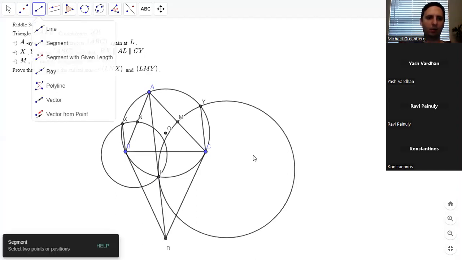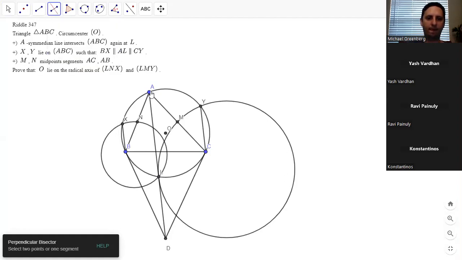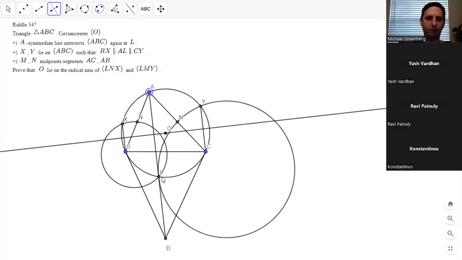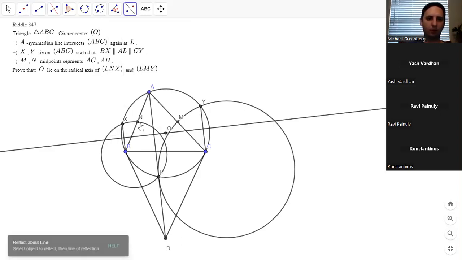Let's draw the perpendicular bisector of AL. If we reflect over this, B and X get swapped, A and L get swapped, and we have to see where N goes. So N goes to N prime, and M goes to M prime. O stays at O, and so it's the same.